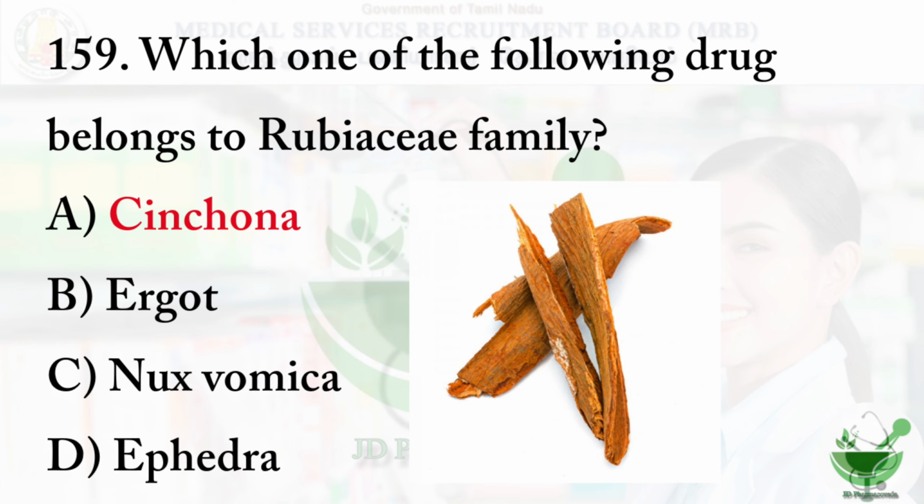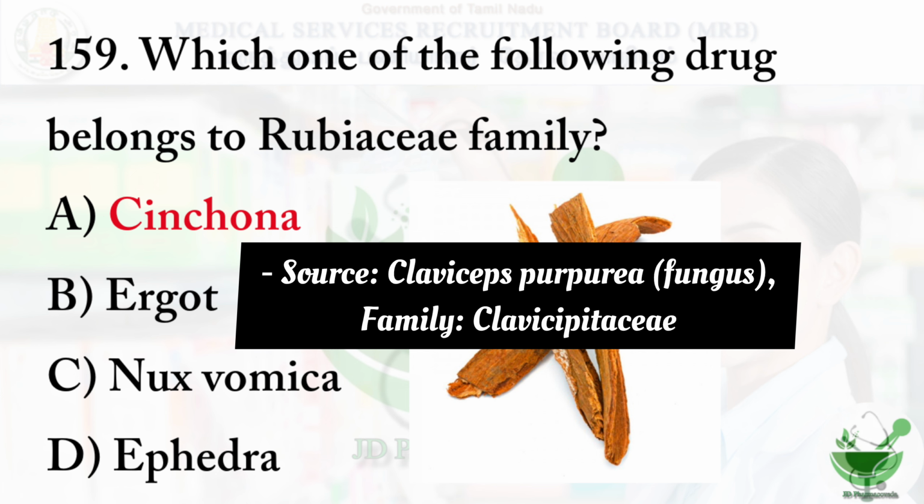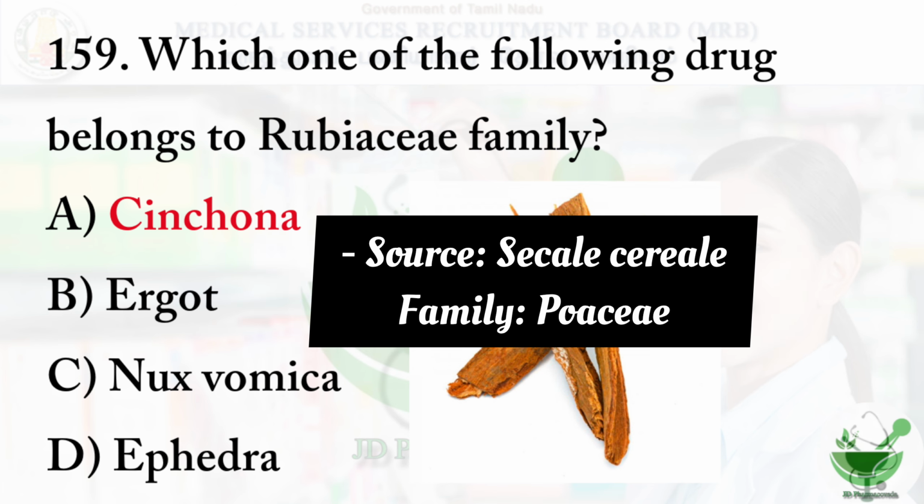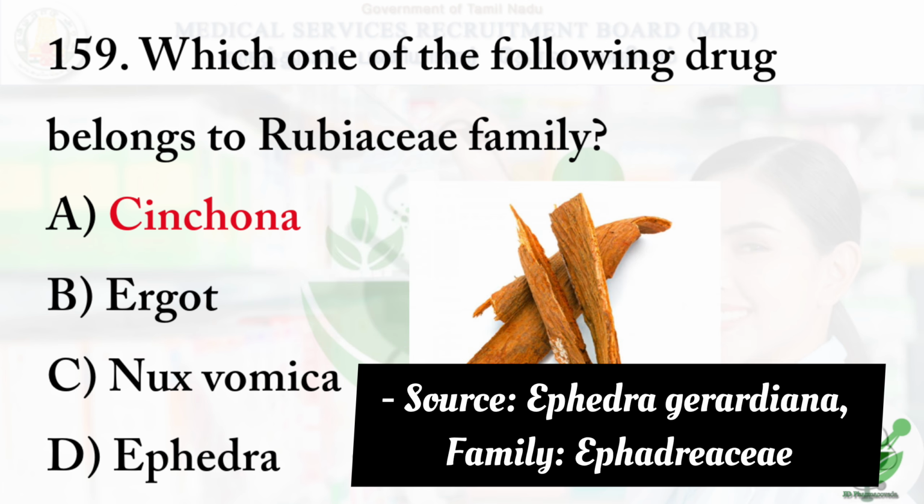The fungus source is Claviceps purpurea, and its family is Clavicipitaceae. Then the rye plant source is Secale cereale, and its family is Poaceae. Then for ephedra, its botanical source is Ephedra gerardiana, and its family is Ephedraceae.